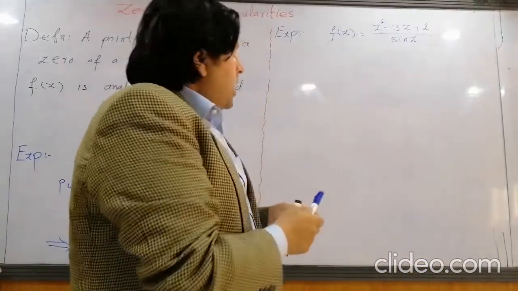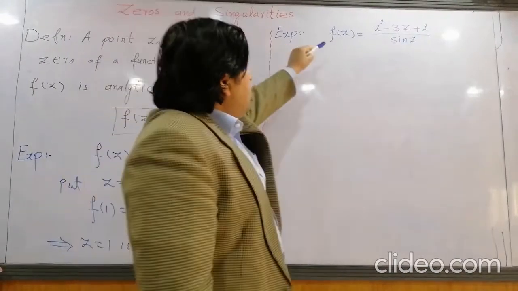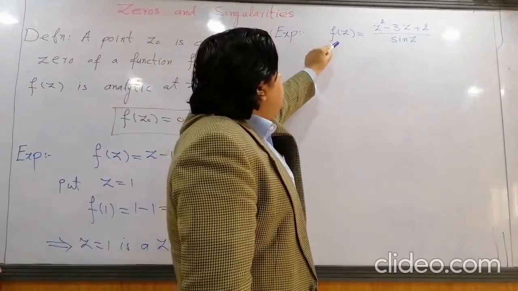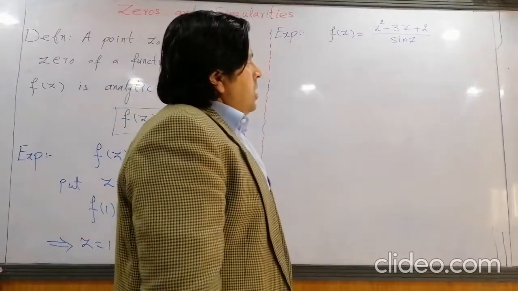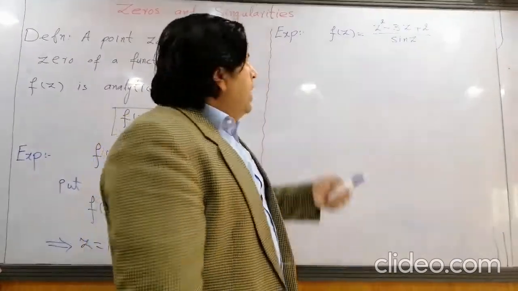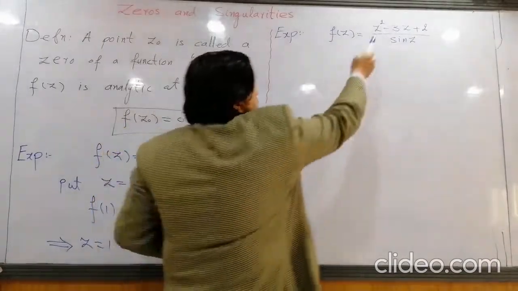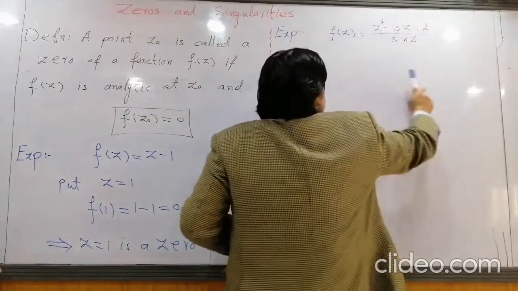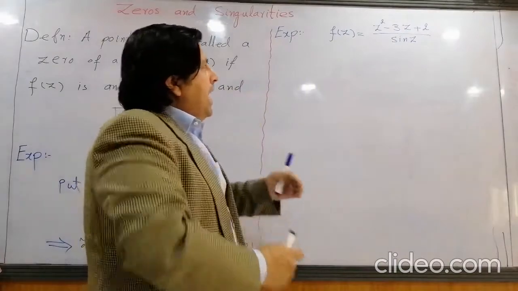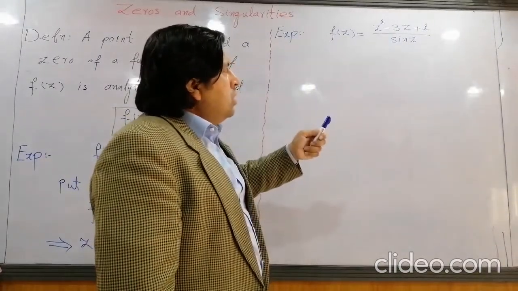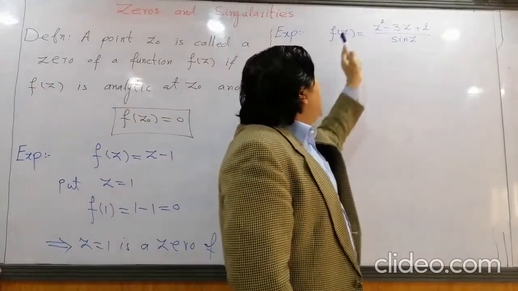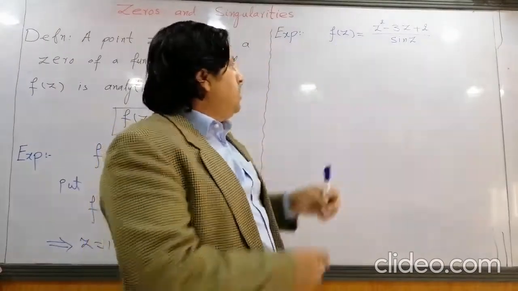Sometimes we are given a function like this one and we have to find the zeros of this function. Then what we have to do? In that case, we have to put the numerator equal to 0 and then factorize it. So the roots of the numerator are called the zeros of this function.